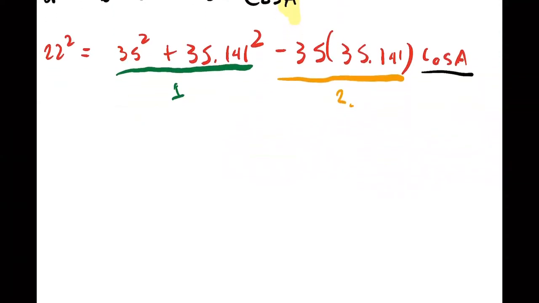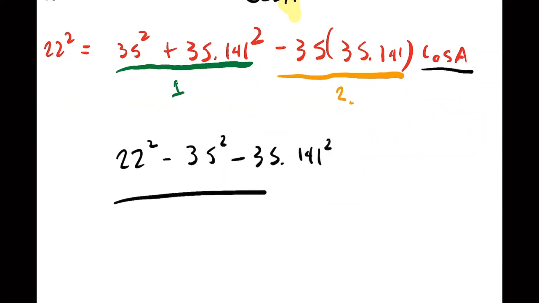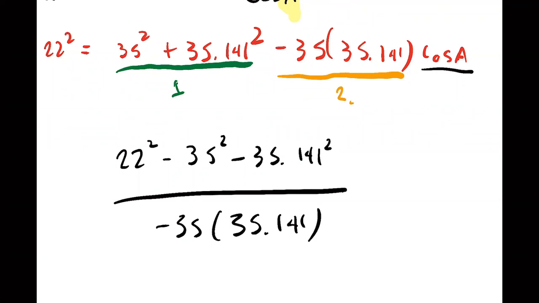And so what we'll get then is 22 squared minus 35 squared minus 35.141 squared, divided by a negative 2 times 35 times 35.141, is equal to cosine A. Okay.